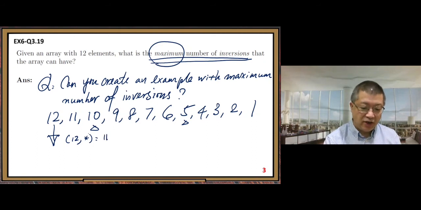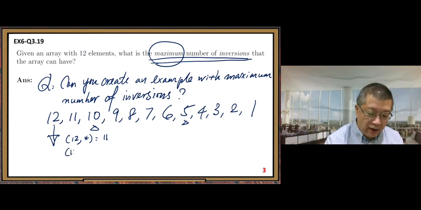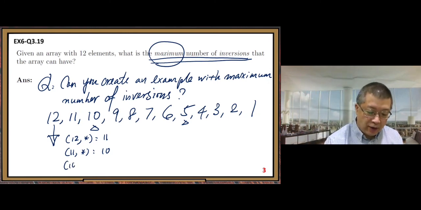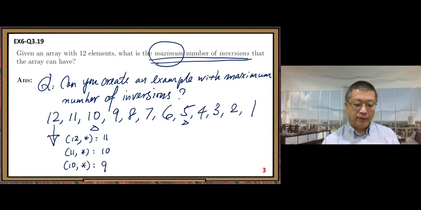Because the star part, you can replace it by any of the remaining 11 elements. All right, next, 11 star, how many? 10, right? Because this time you don't look at 12. You only look at the elements after 11. And so on. 10 star type inversion 9. And so on.